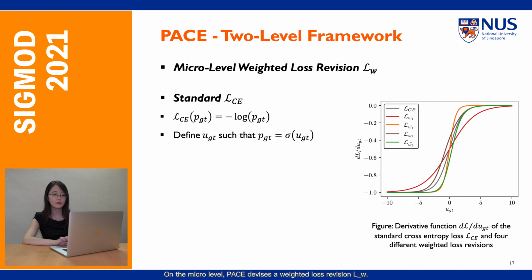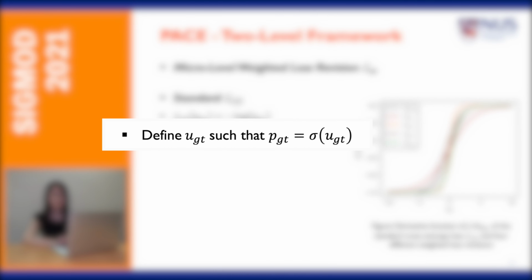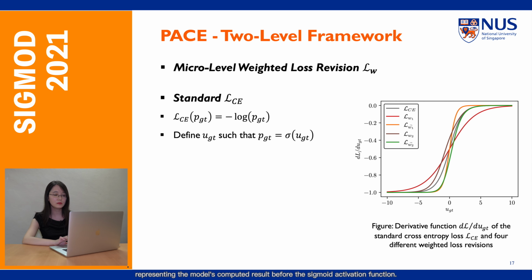On the micro level, PACE devises a weighted loss revision LW. The standard cross-entropy loss function LCE can be denoted using the probability of the ground truth class like this. We then define a new variable UGT representing the model's computed result before the sigmoid activation function.